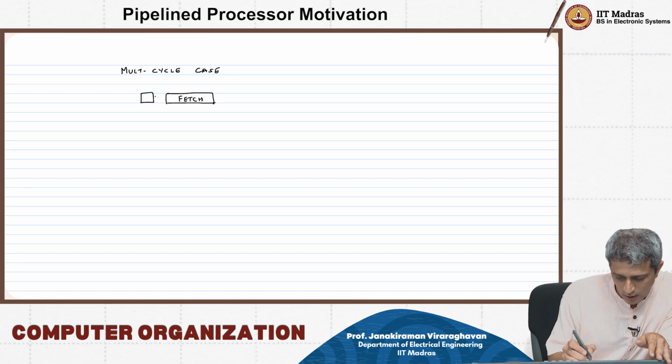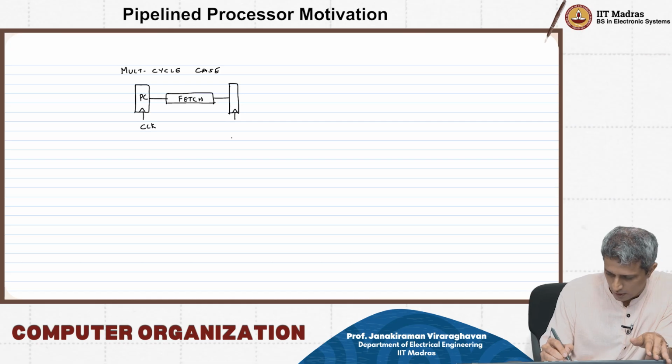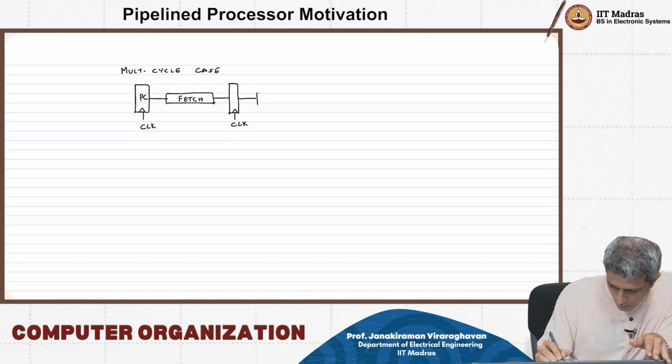So this is my program counter clock, okay. Then I am putting one flip-flop here, okay, clock.